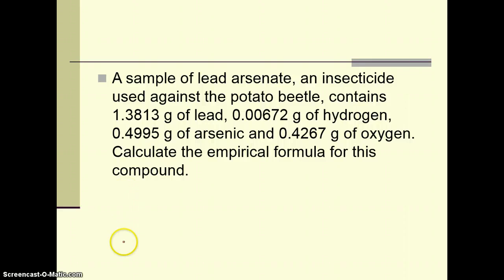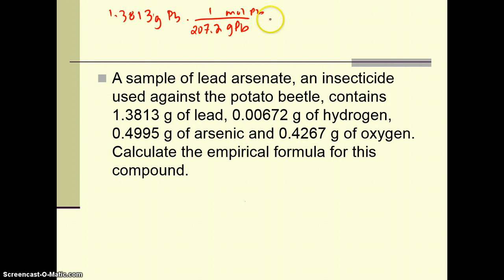I didn't really save myself much room on the bottom here, so I'm going to start my problem actually up here. So I have the 1.3813 grams of Pb, and I have, again, grams of Pb on the bottom, moles of Pb on the top. 1 mole is equal to 207.2 grams, and when I convert that to moles, I get 0.0066665.